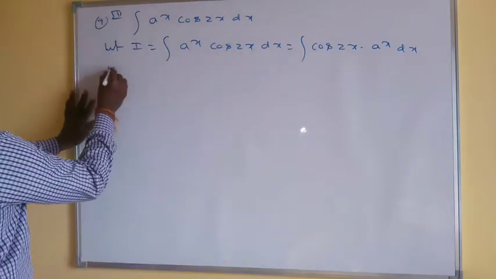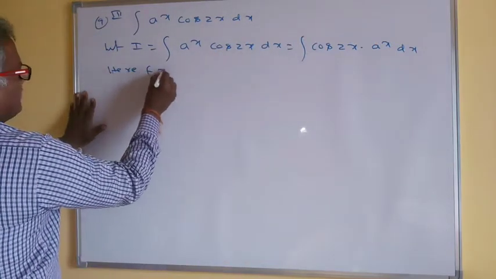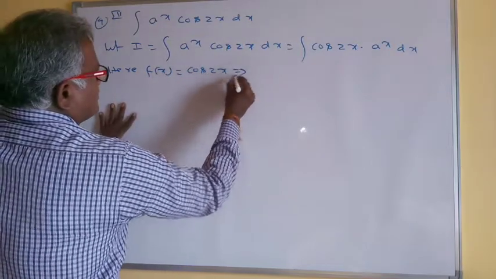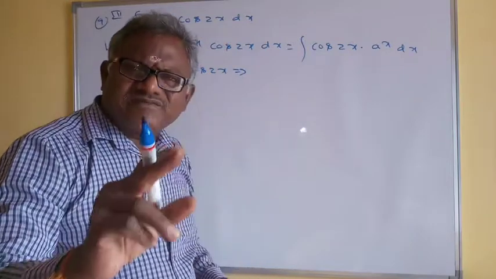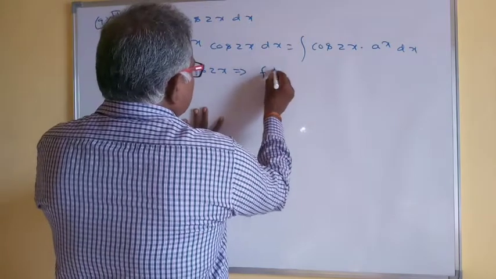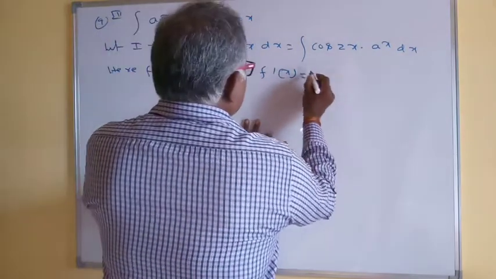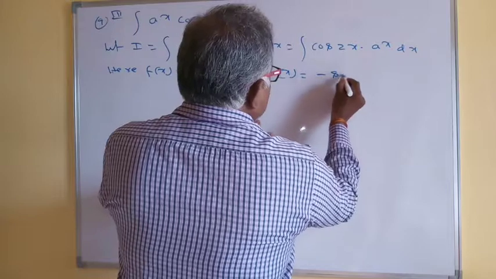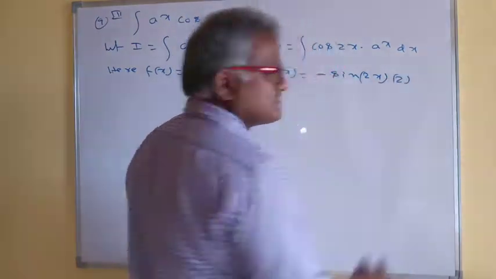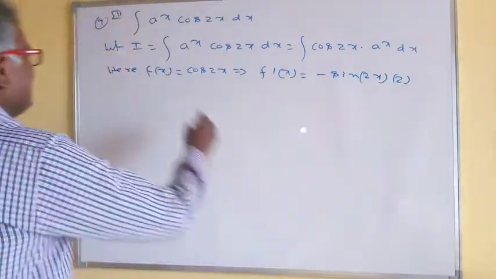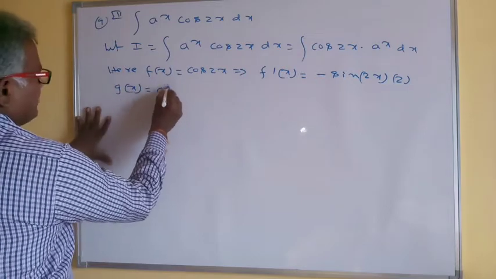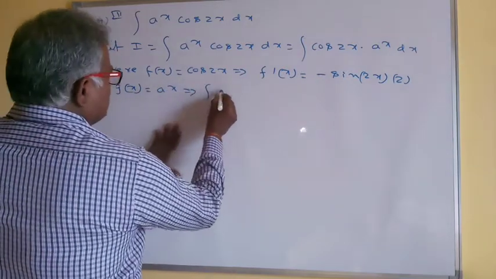So now here, first function f of x is cos 2x. For the first function, always find the derivative only. So f dash x is equal to minus sin 2x into 2: derivative of cos is minus sine, and for 2x, derivative is 2. Next, for the second function, always find the integral value.